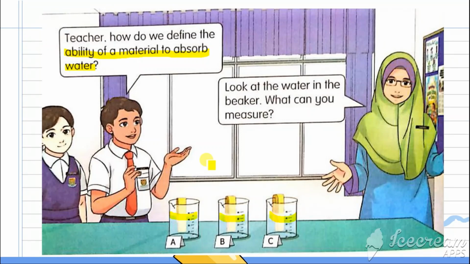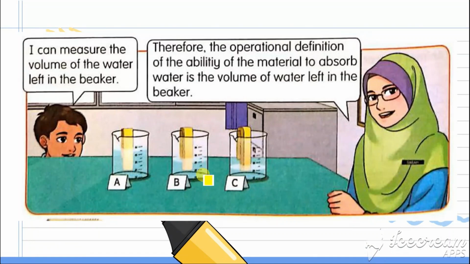So here in this situation, the topic they are talking about is the ability of material to absorb water, while the observation here is the water in the beaker. As you can see, I can measure the volume of water left in the beaker. So the observation is here. You can measure the volume of water.